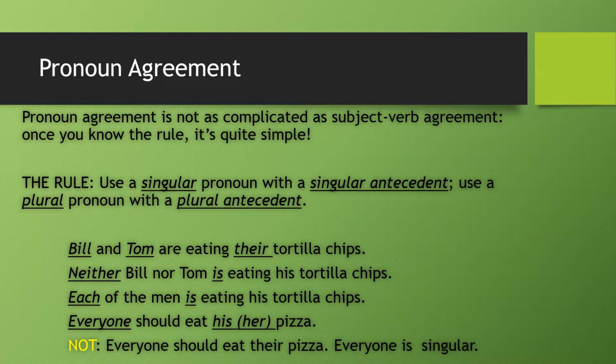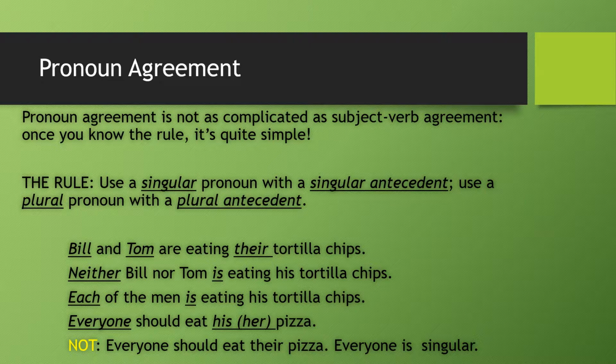Now, the second sentence, neither Bill nor Tom is eating his. Neither makes this a singular subject. So we're talking about both of these men individually, not together. So we have a singular verb, is, and we have the pronoun his, the singular pronoun instead of the plural pronoun there.